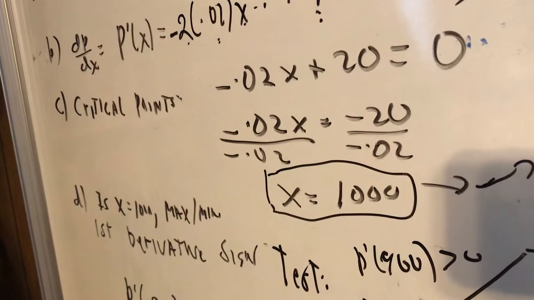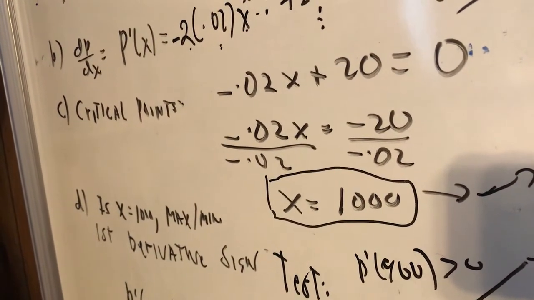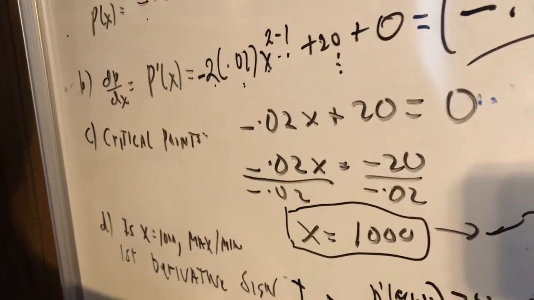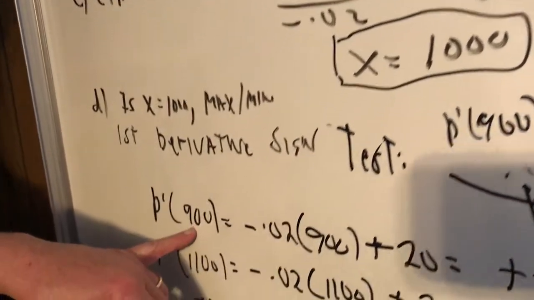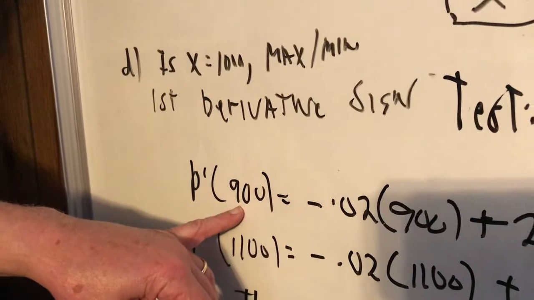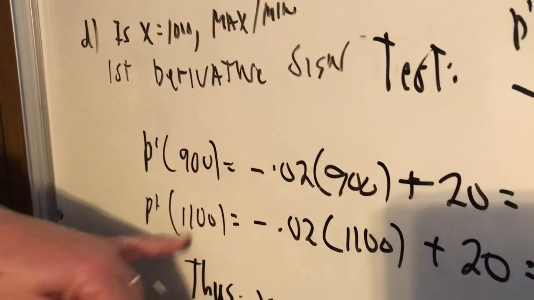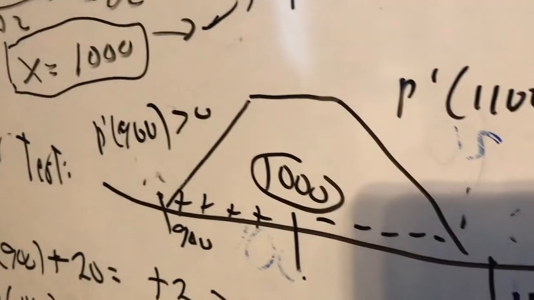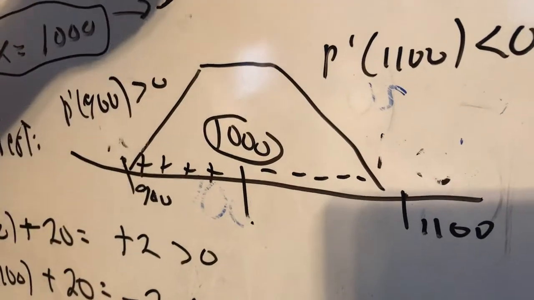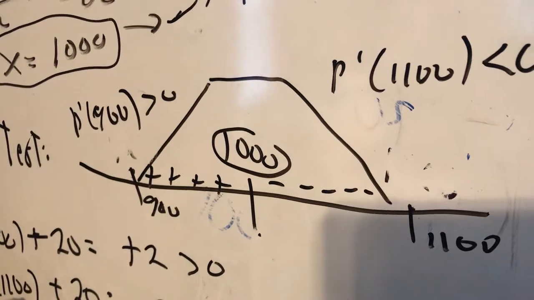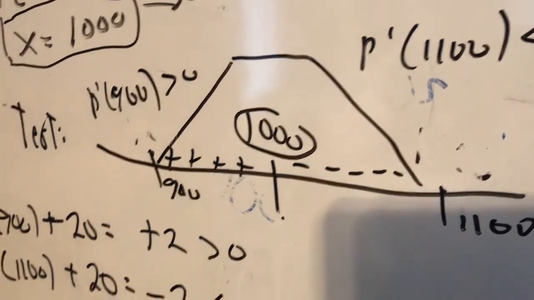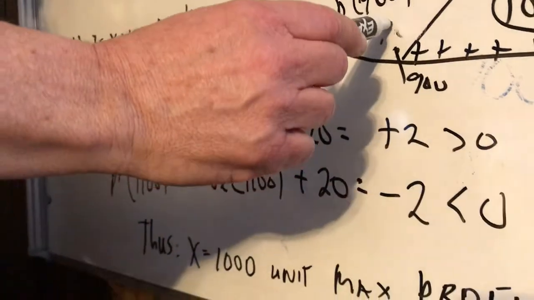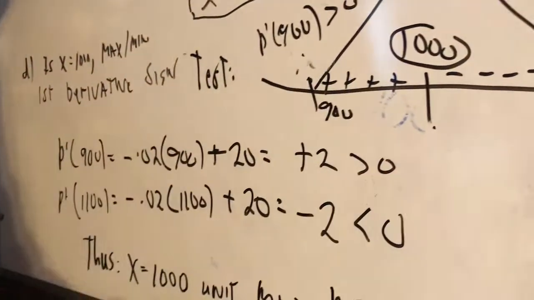Now we want to find whether x equals 1,000 represents a max or a min point. So I'm going to use the first derivative sign test. I'm going to take the first derivative at 900 and then at 1100, on both sides of the critical point 1,000. When I substitute, P prime 900 comes out to be plus 2, greater than 0, to the left of 1,000.